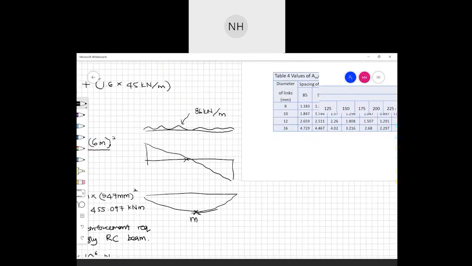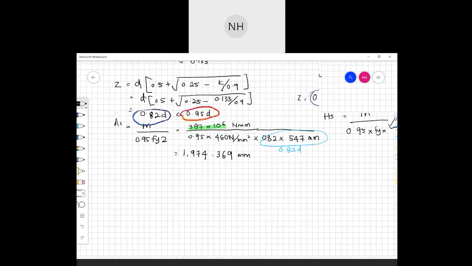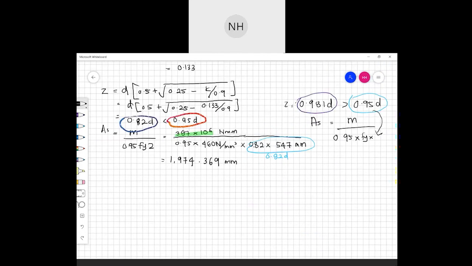So kita letak 8Y20 from table. Sekarang you nak tulis macam mana? 8Y20, AS is equal to 2510 mm square. Alright?